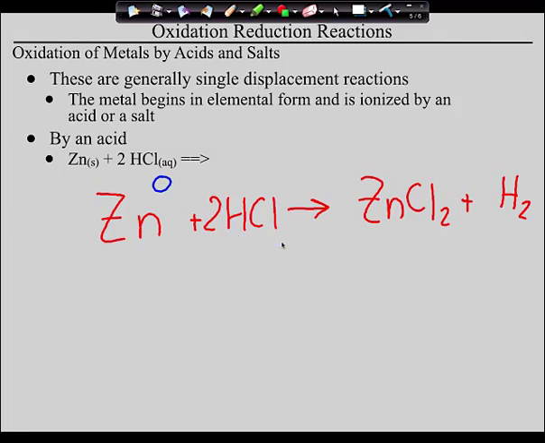Now we need the charges of the things that make it up. So what is the oxidation number of hydrogen? +1. And what's chlorine to make it equal? -1. So now you're asking yourself, how was I supposed to know that? Well, guys, if you look at chlorine on the periodic table, how many valence electrons does it have? 7.